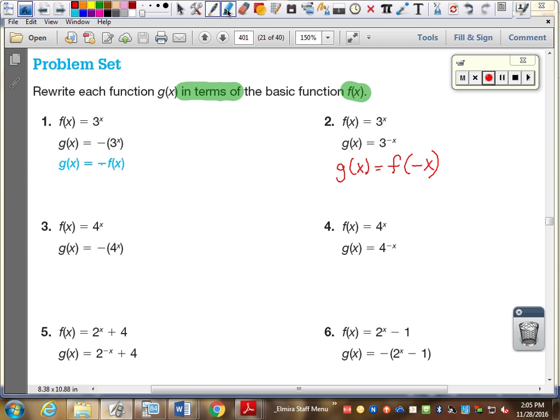What it depends on is where the negative sign is. If it's in front of the entire function, then it's in front of the f of x. If it's in front of just the x, then it's in front of just the x. Okay, so that's that section. Look at where the negative sign appears.